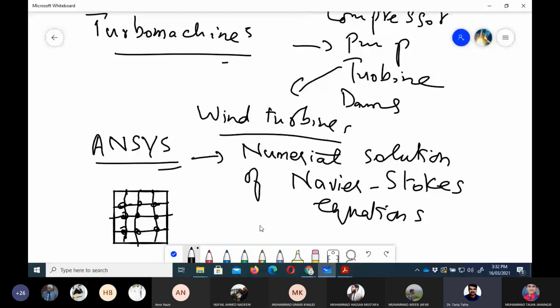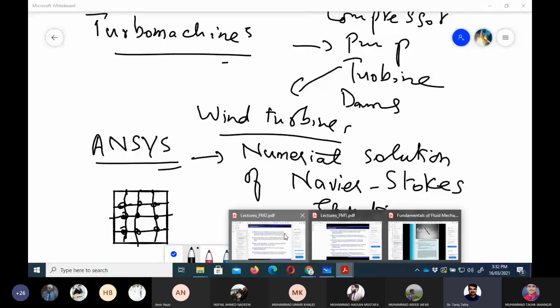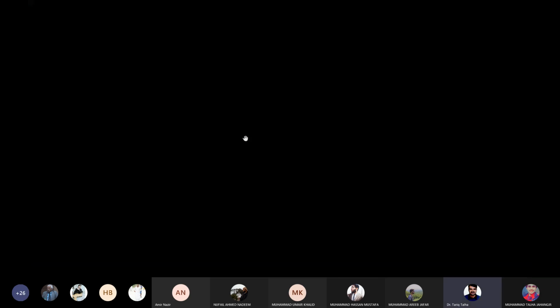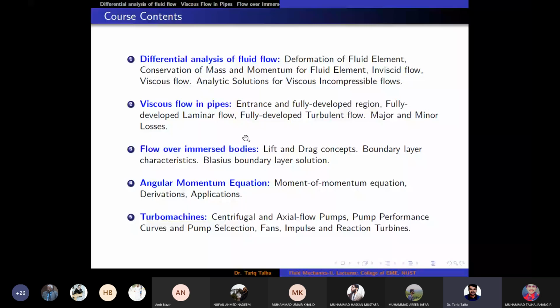After that, we are going to discuss the viscous flow through pipes. As I have told you, we are going to discuss major and minor losses for laminar and turbulent flows.